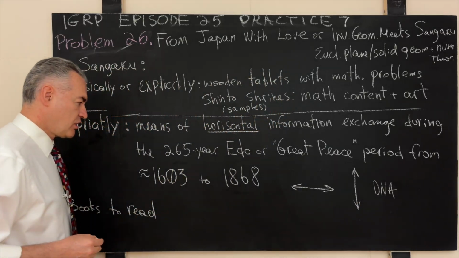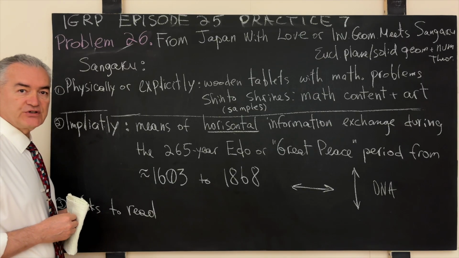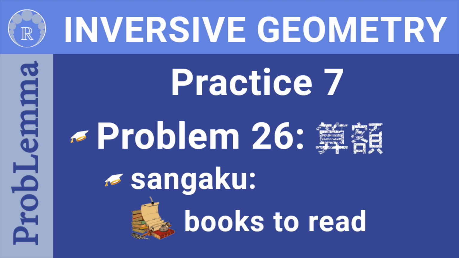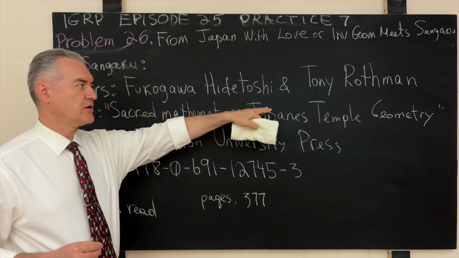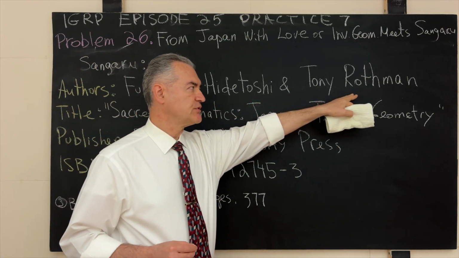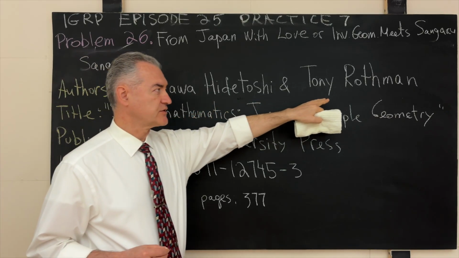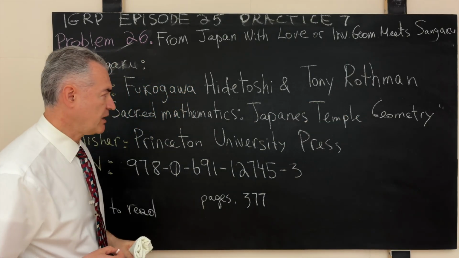And for those who are interested in the subject, here is a book you can read in order to get started. It was written by two people, Fukagawa Hidetoshi and Tony Rothman. I do not know much about the first author of this book, and as far as I'm aware, Tony Rothman is a high school math teacher.